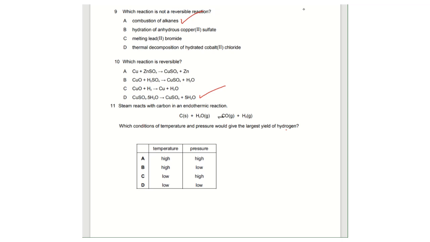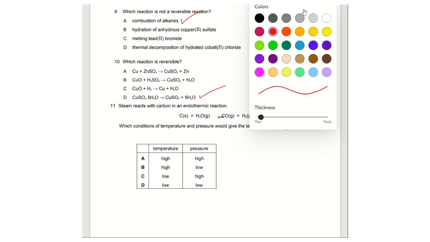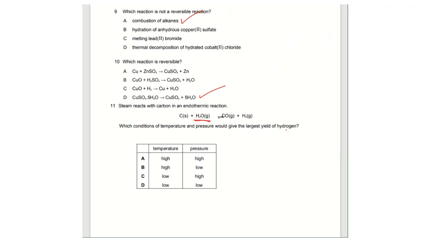There is a reason, because increase in pressure will increase the boiling point. This is reacted in gaseous state. So if you increase the temperature but lower the pressure, it will be in gaseous state. So more gas, more product will form. So it will be high temperature, low pressure.